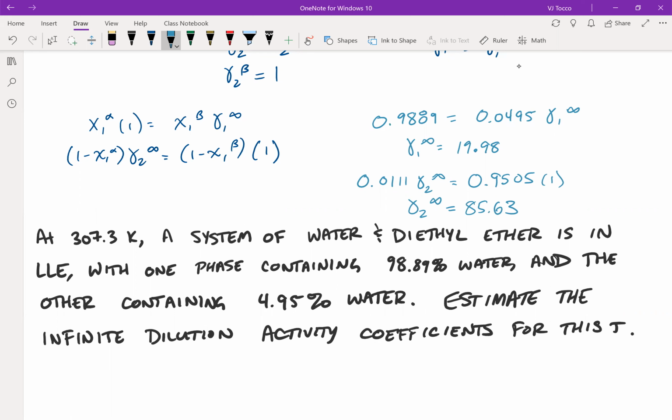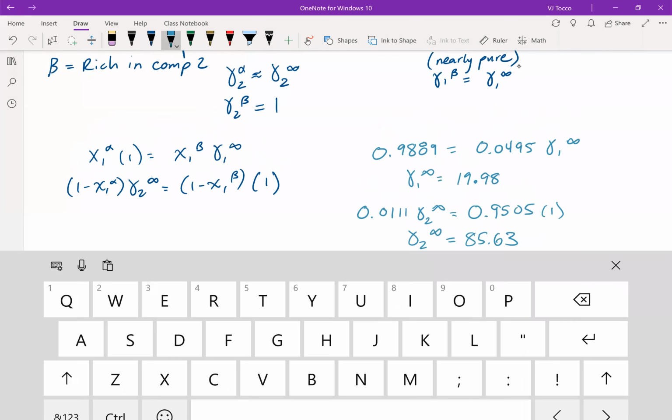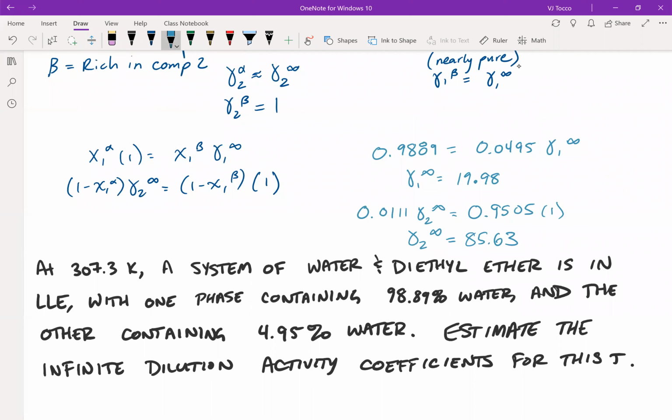Now notice that my other activity coefficients are 1. So my gamma 1 is ranging from 1 to almost 20, and my gamma 2 is ranging from 1 to almost 85.